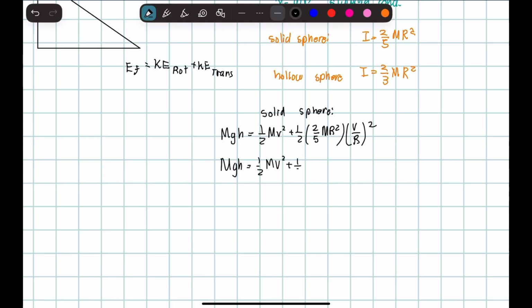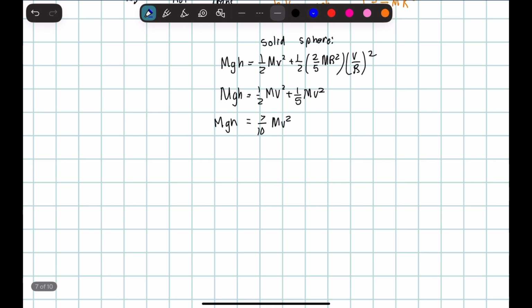So that's going to be mgh is equal to 1/2 mv squared plus 1/5 mv squared, which is equal to 7/10 mv squared. Again, this is mgh. Now you want to take the root of both sides, but first let's multiply by 10 over 7 and divide by m.